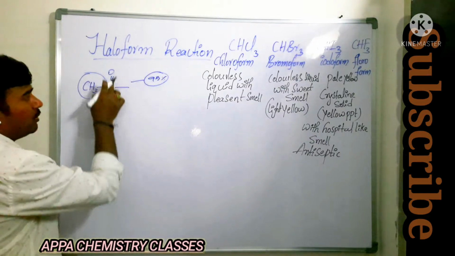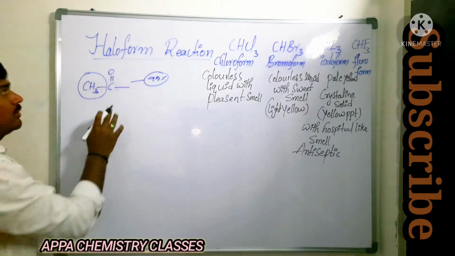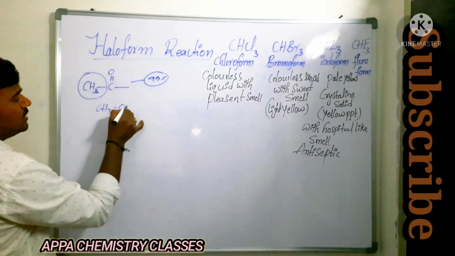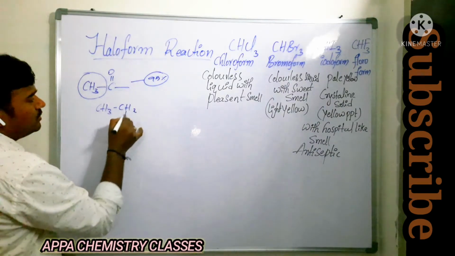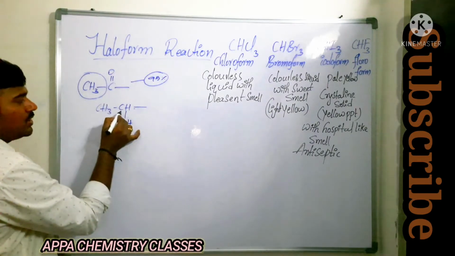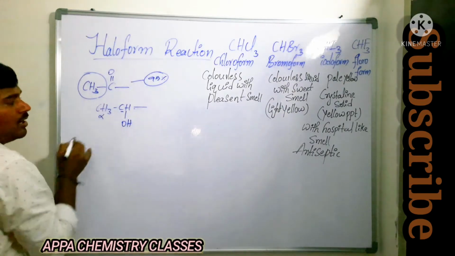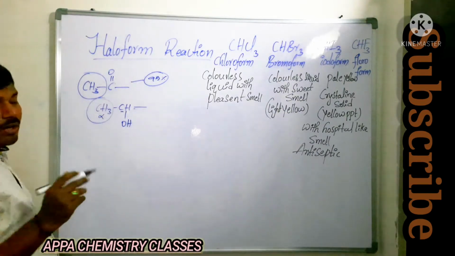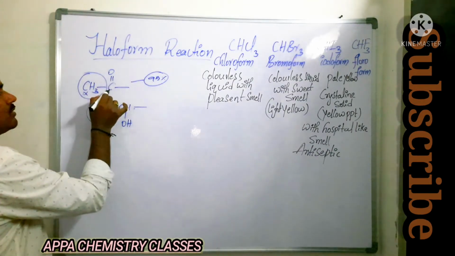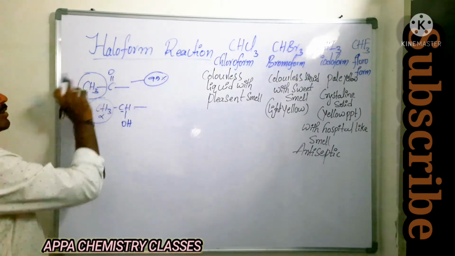Now for carbonyl compounds, the carbon adjacent to the carbonyl carbon should be a CH3 carbon. Only then will it participate in the haloform reaction. Also, if you take alcohols like CH3CH2OH, the carbon adjacent to the functional group carbon is called the alpha carbon, and the alpha carbon should be a methyl group.